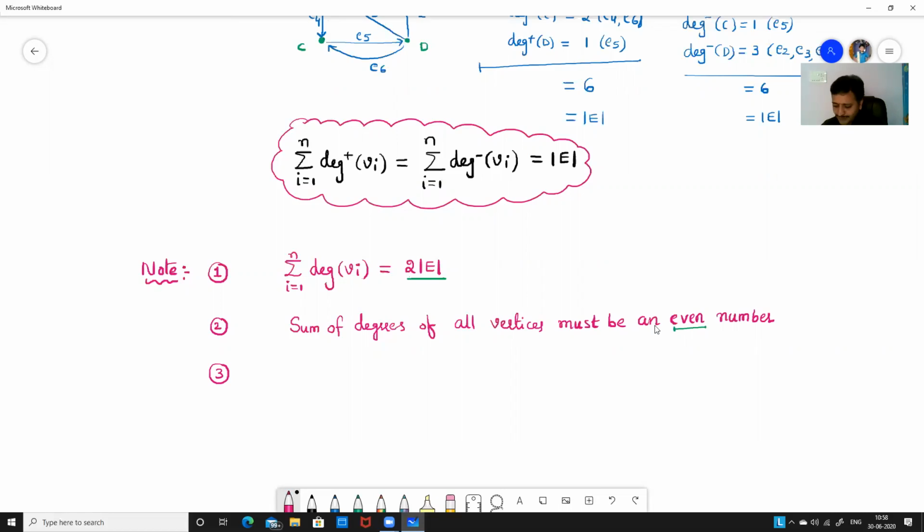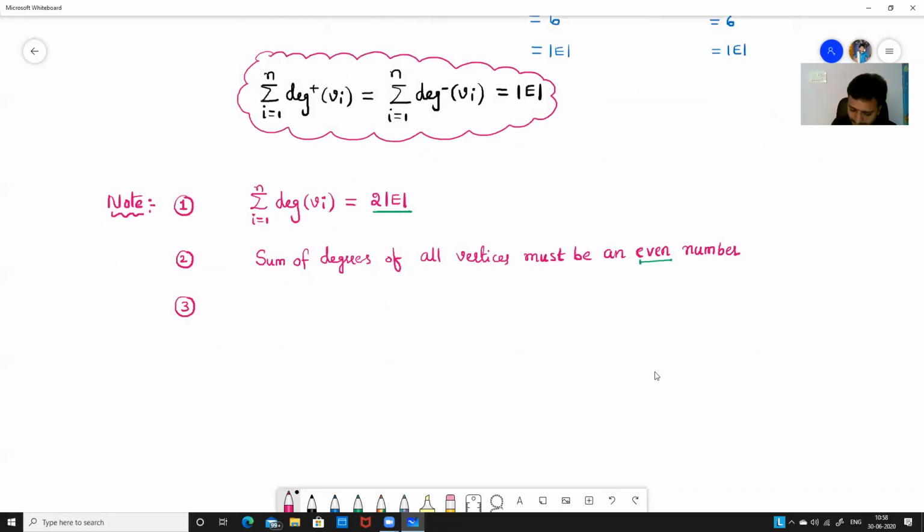So for example, if I take a simple example where I have 4 vertices, here let's see what the odd vertices and the even vertices are. A vertex whose degree is odd is called an odd vertex, right?